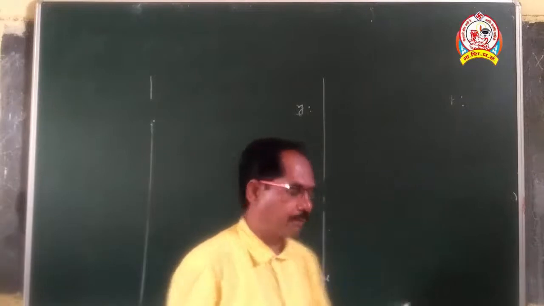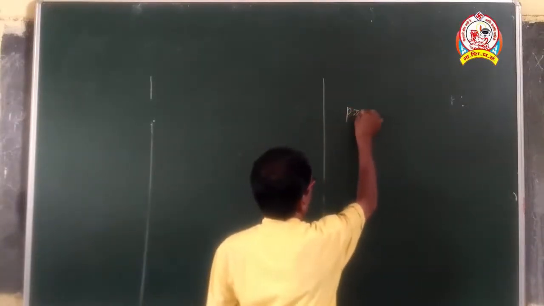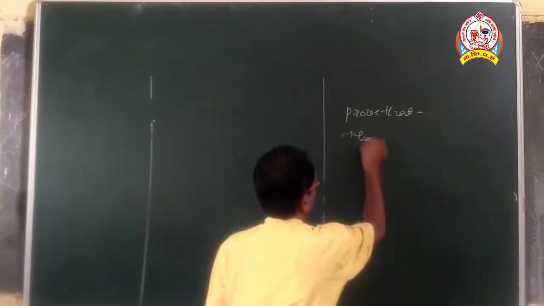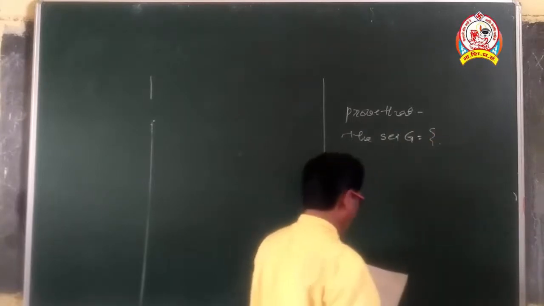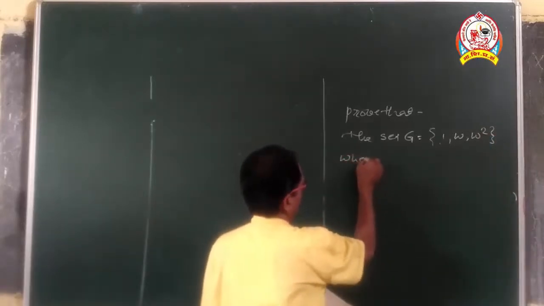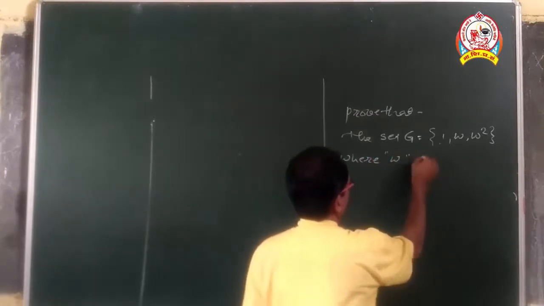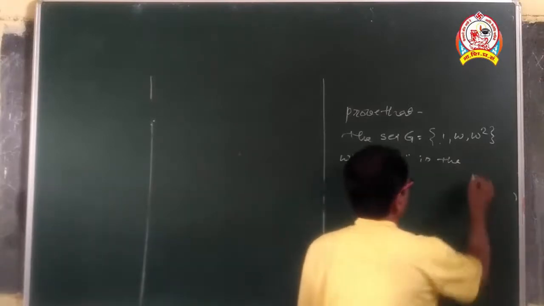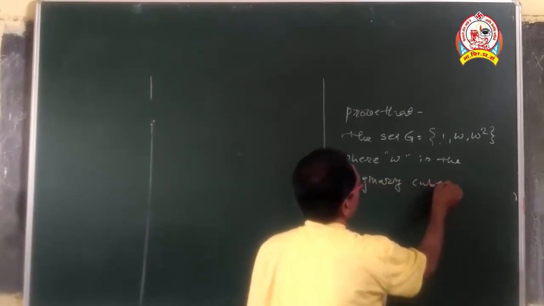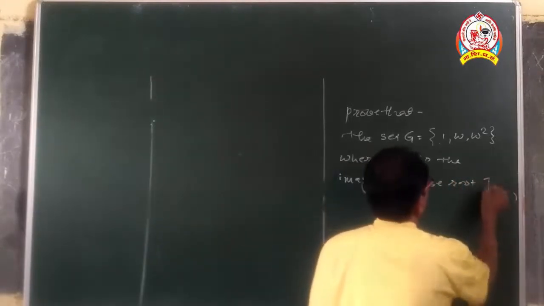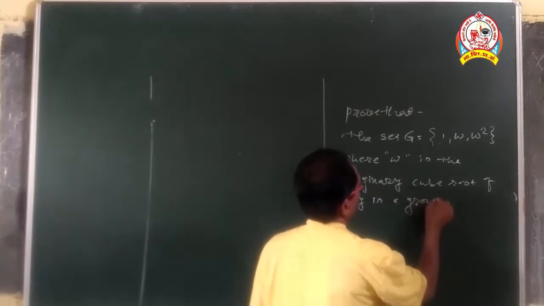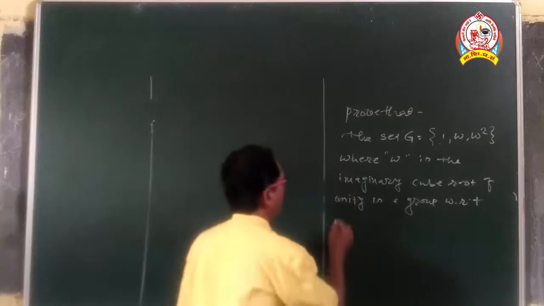Now we see the example: prove that the set G is equal to {1, omega, omega square}, where omega is the imaginary cube root of unity, is a group with respect to binary operation multiplication.